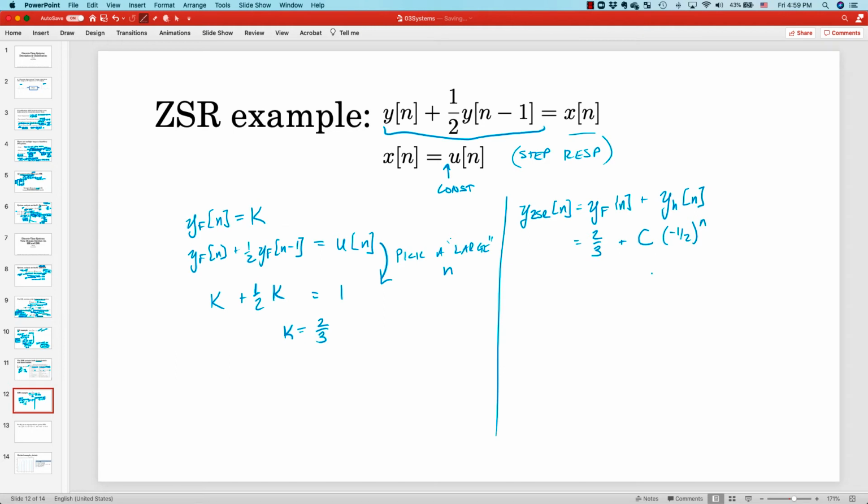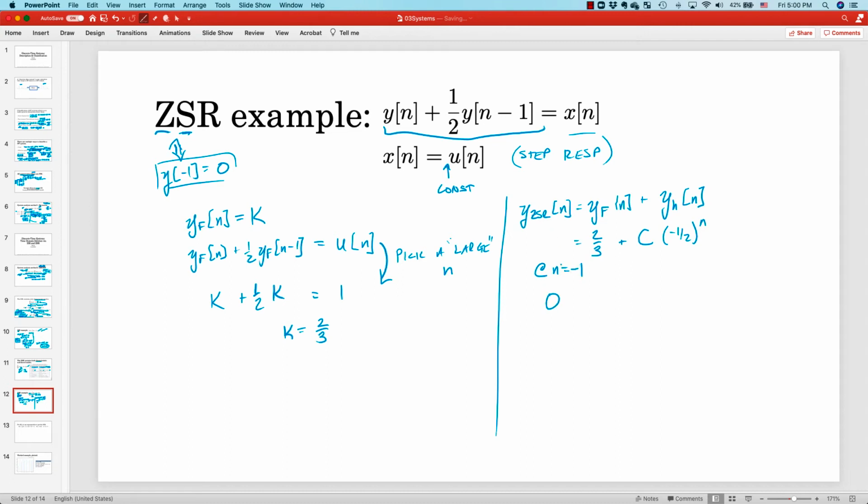How do we solve for this c? Well, we know that we're solving for a zero state response. And so this is, in this case, saying that the output at time -1 must be 0. So we again take this at n equals -1.